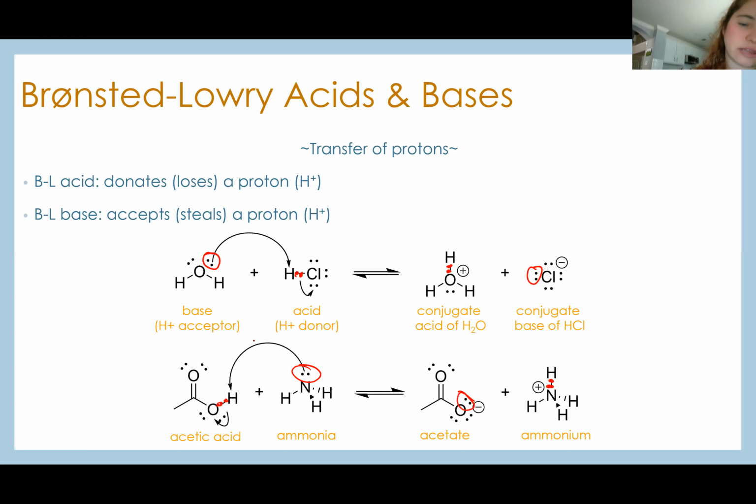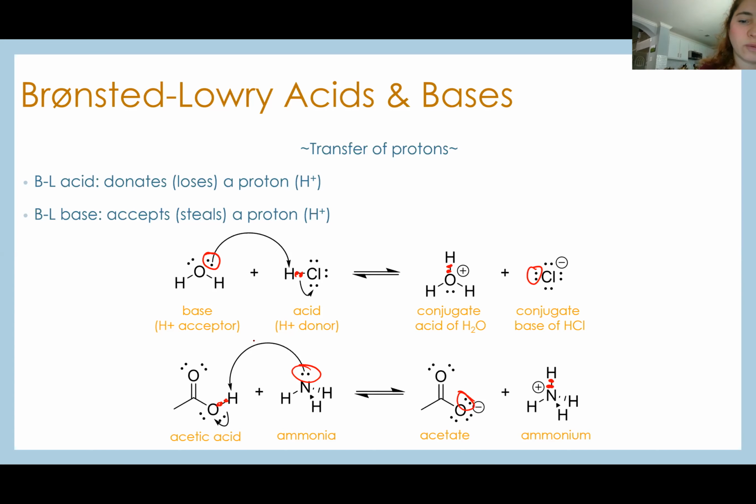I also want to point out that even though we're talking about protons, what is actually moving in this reaction? Electrons, right. So that's going to end up falling under the Lewis acid, Lewis base definition, which we're going to learn actually encompasses all of our acid-base reactions.